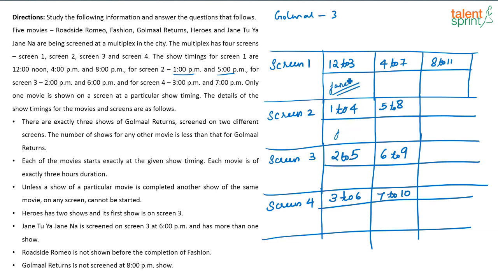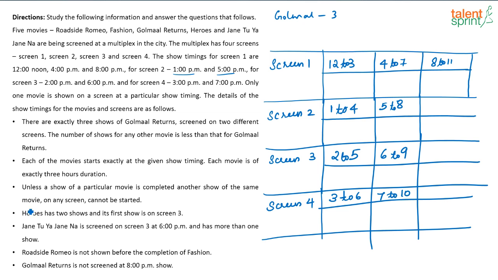The same movie cannot be aired on two different screens during the same time. Only after 3 o'clock can it be aired in any of the other screens. Basically, two shows of the same movie should not overlap. That is what is given.